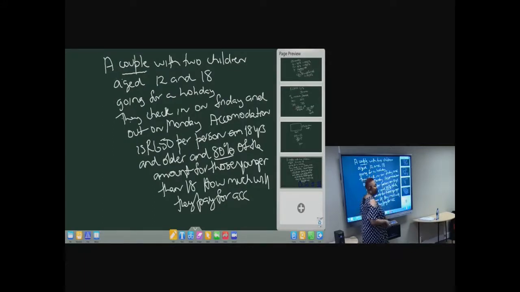They say there is a couple, so it means there are 2 people. You go further with 2 children. The other one is 12, the other one is 18. Going for a holiday. They check in on Friday.